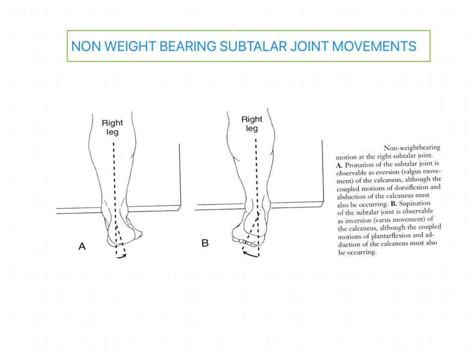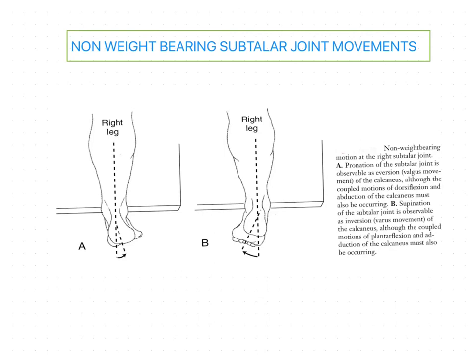Okay, now we are going to discuss the subtalar motions in various ways: non-weight bearing as well as weight bearing, and also the effect of weight bearing subtalar joint motion on the lower leg.